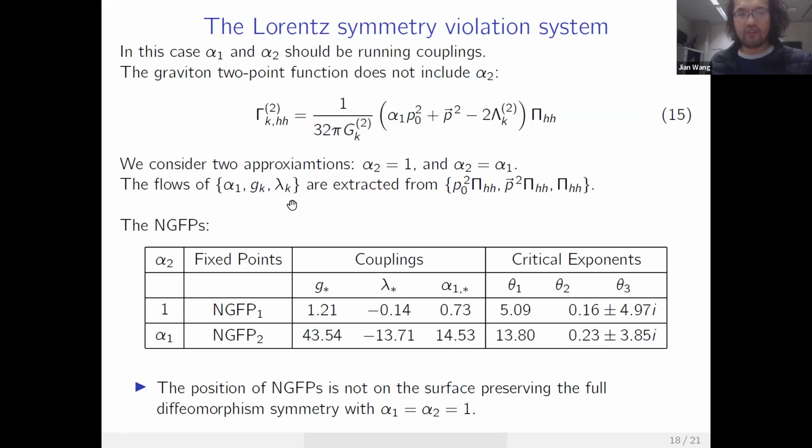Then the flow of those three couplings can be extracted from three tensor structures. Here we give the non-Gaussian fixed point we found from the RG flow.